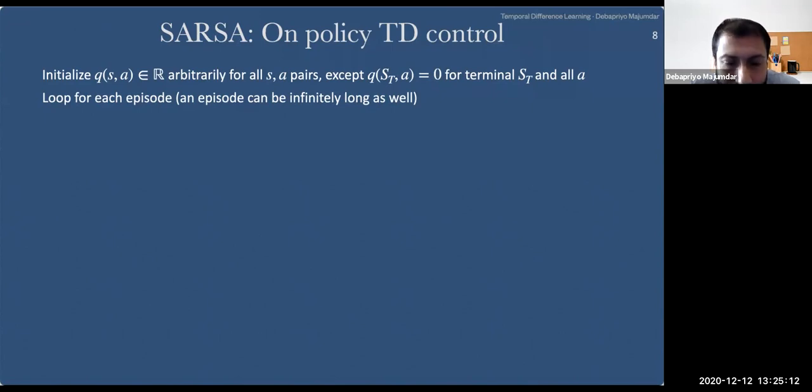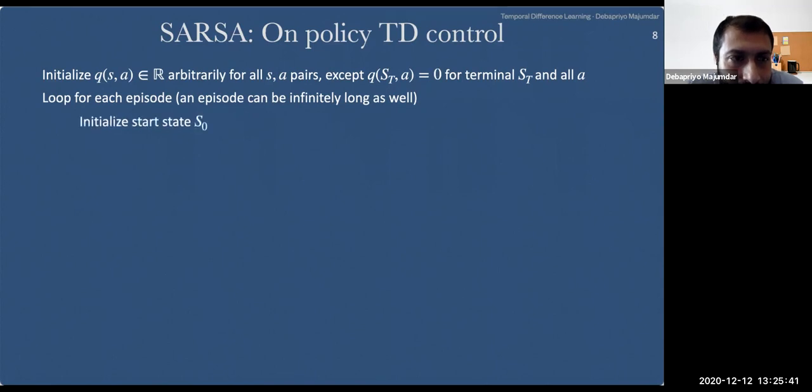You need to have some terminal states in case the rewards only come at the terminal states. Otherwise, if the rewards are obtained in all states, like in your life, it's not that you only get your rewards when you die. You get rewards here and there, so then you don't need to have episodes ending.